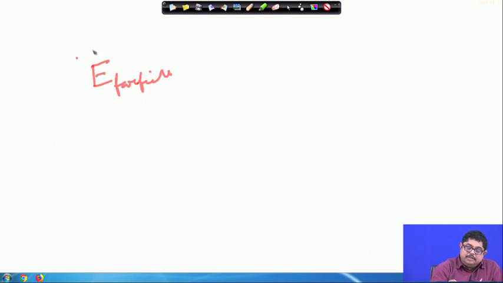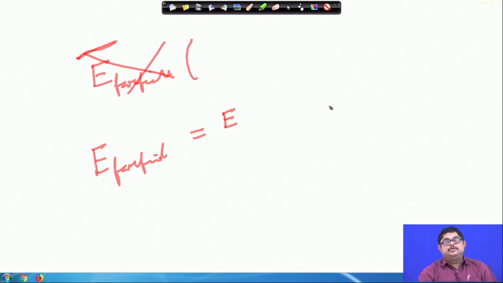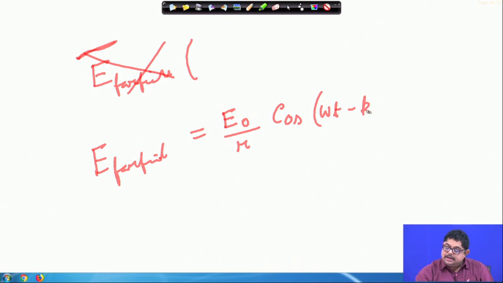So, what will be the time domain value of far field? If I go from phasor to time domain, I will have to multiply by e to the power j omega t and take the real part. So, by doing that I can write it as cos of omega t minus k naught r.